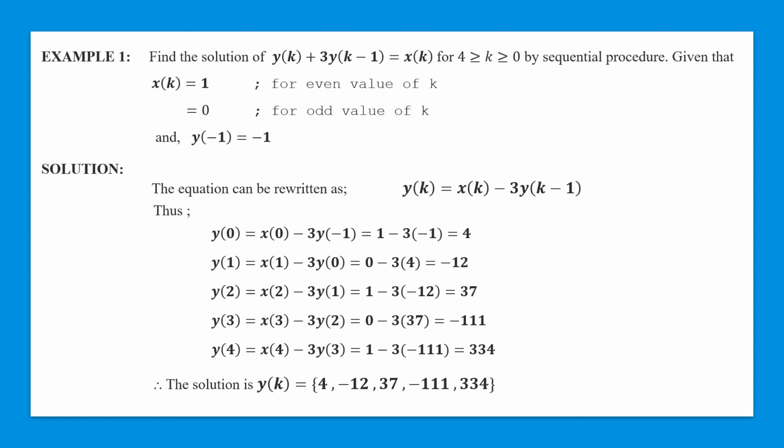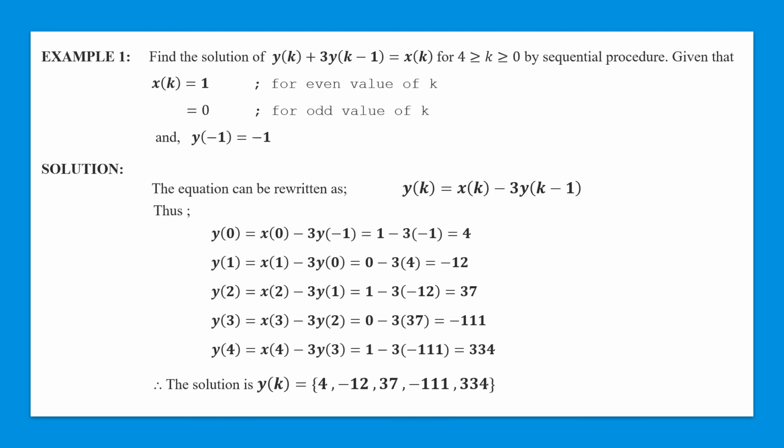Now this equation is in the form of the general equation y(k) = x(k) - 3 y(k-1). If we put the value of x(k) for the range of k and the value of y(k-1) and so on, then we can easily find out the solution of final y(k).